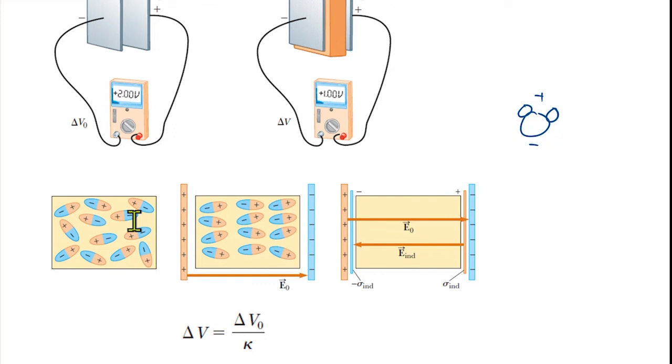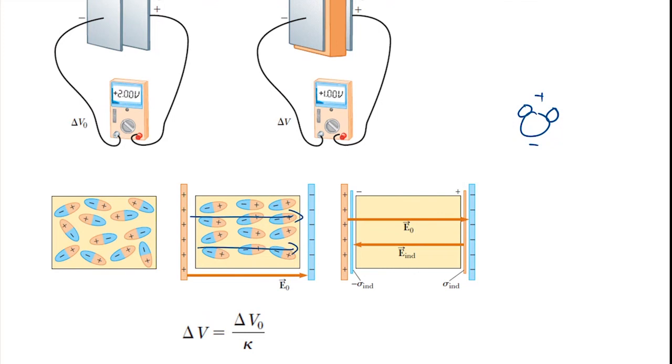Then they are not polarized in random directions, but once you put charges around, remember that opposites attract. So these negative charges are attracted by these positives, which will make these things line up. Or the other way of thinking about this, it creates an electric field across in that direction.